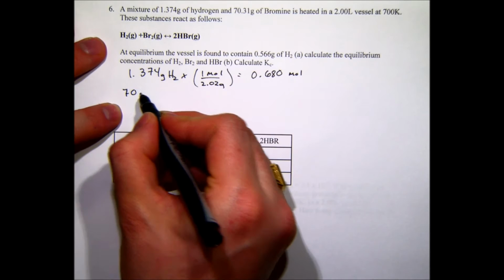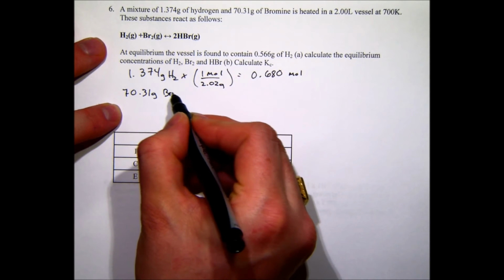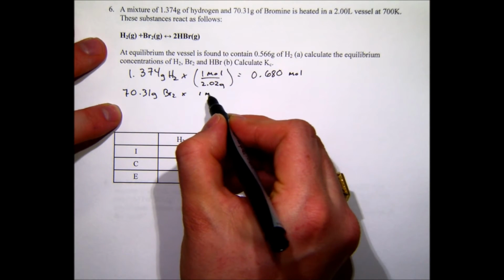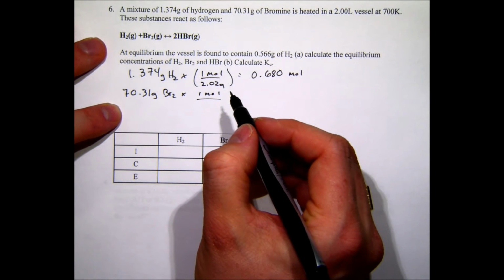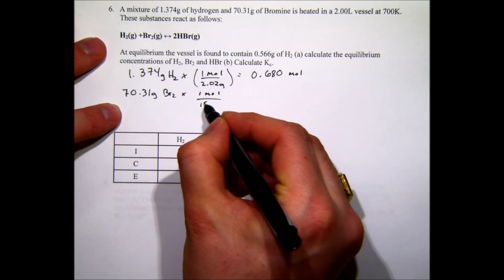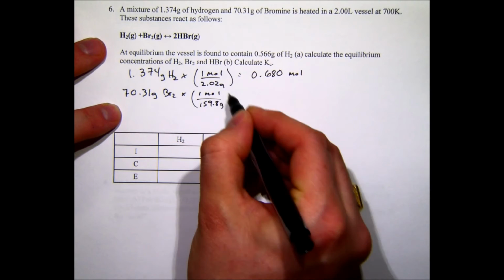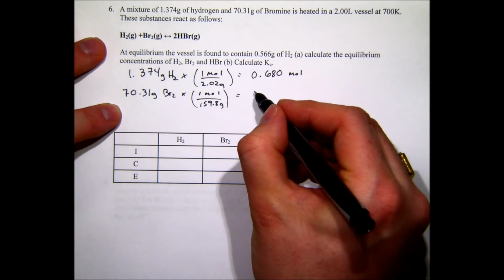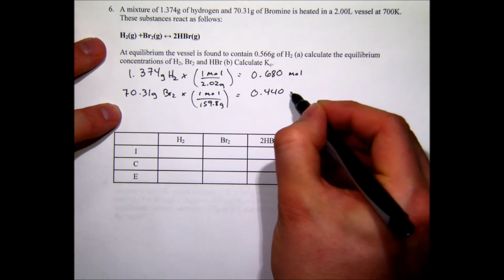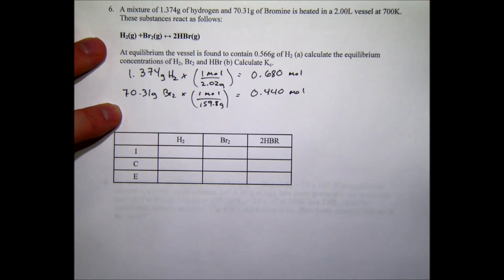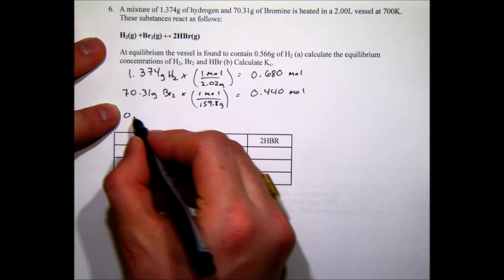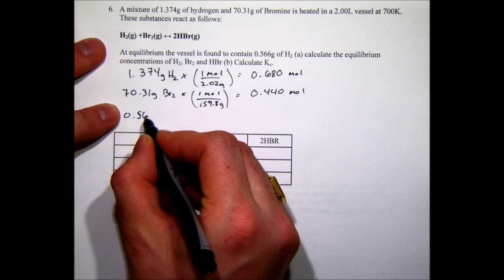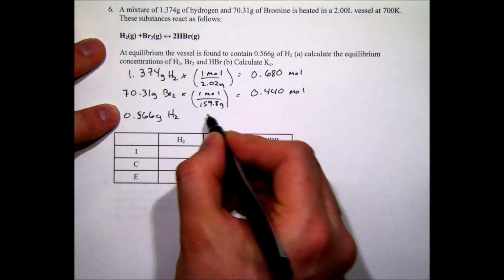Bromine, same thing. And the formula weight of bromine is 159.8. And that's going to give me 0.440 moles. And at equilibrium, I'm at 0.566. So I'm just going to continue to convert these.